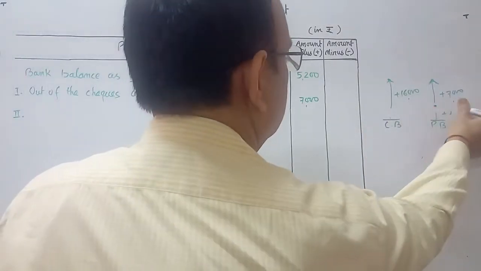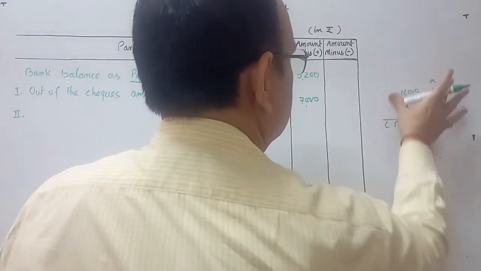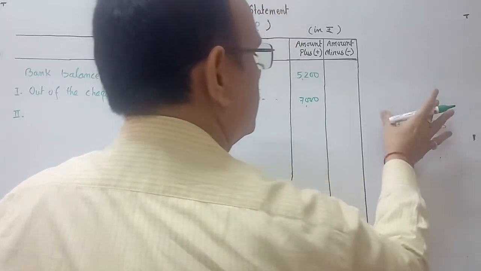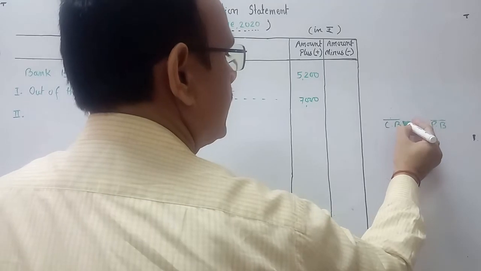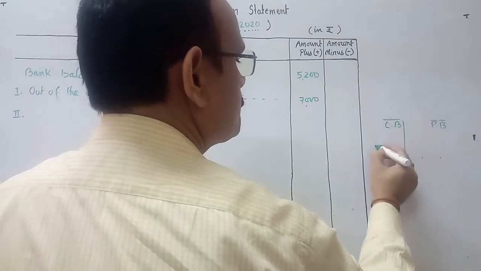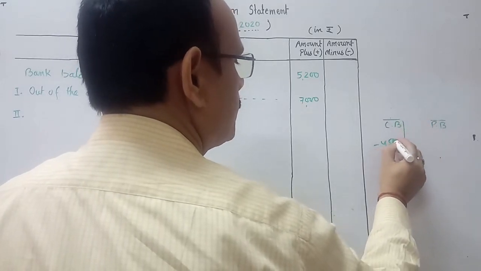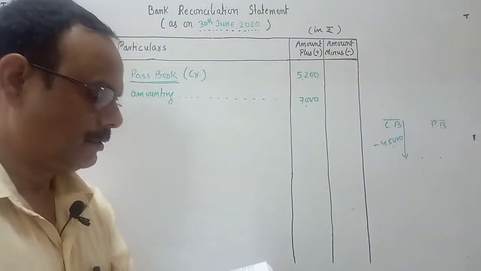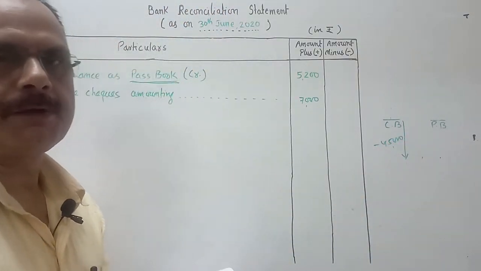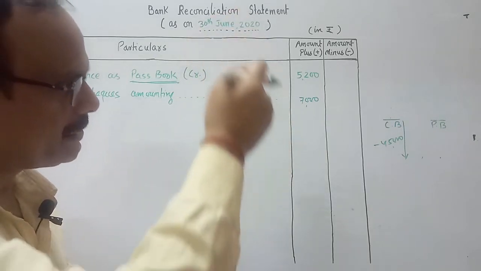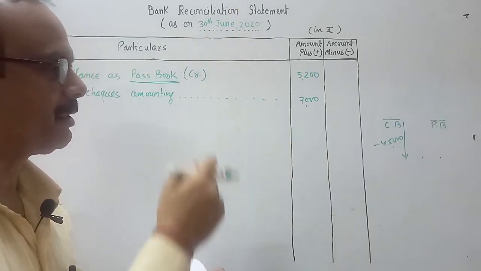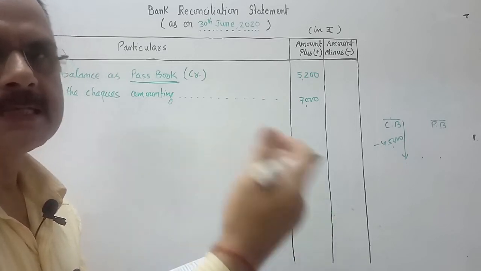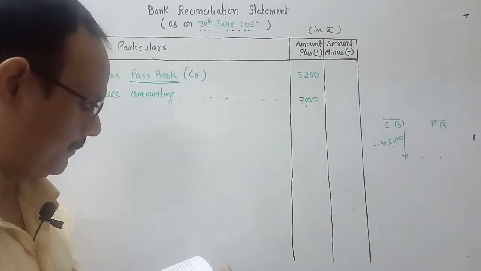So you see, when we have issued the checks, the cash book balance is reduced by 45,000, because this entry is recorded on the credit side in the cash book bank column.